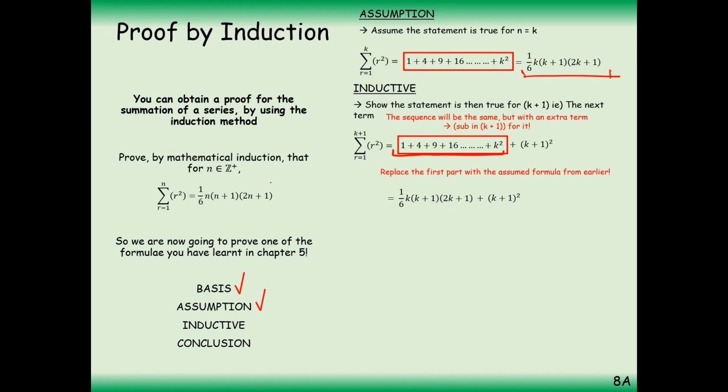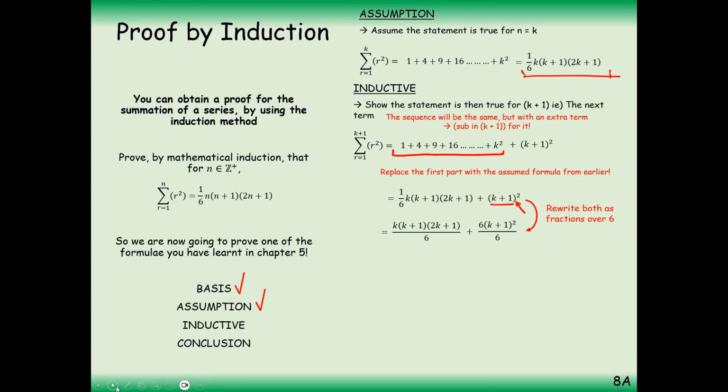But unfortunately, because we don't have a 1/6 in front of this term here, k plus 1 square, we need to multiply it by 6 before we can divide it by 6. So the trick is to multiply it out and multiply it by 6 before we can factorize the k plus 1. Otherwise, it wouldn't make sense because the other k plus 1 has a factor of 1/6 in front of it.